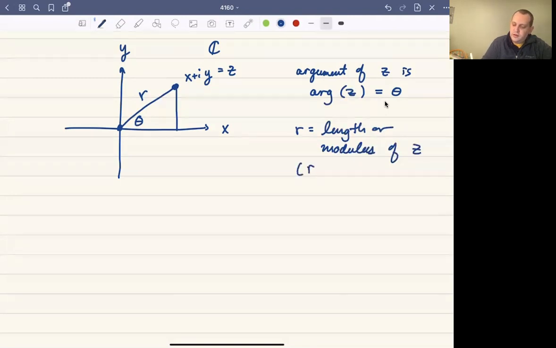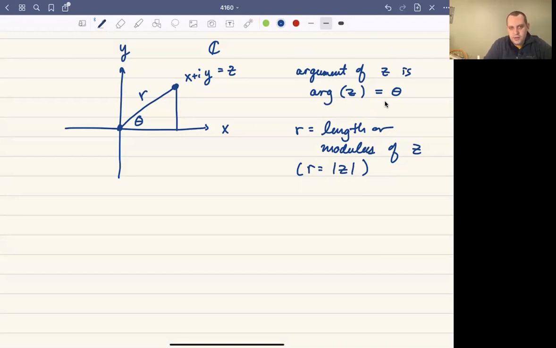We would write that r is |z|, using absolute value notation even though we're talking about complex numbers. So that's the modulus of z, the length of the line segment connecting the complex number to the origin. Now, if you remember, polar coordinates were an idea used in Calc 2, and that's going to be a very useful idea for us here.